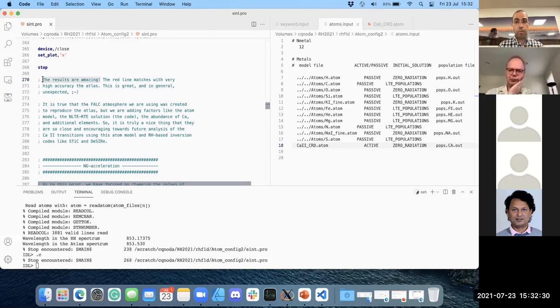It also used different atoms. It also used abundances that are probably not the same that we are using now. So in general, if you use a good atom and RH, it may not be as good as this one, because the FALC model behaves well, but it depends on a lot of factors. So what I want to say is that this case is really good.